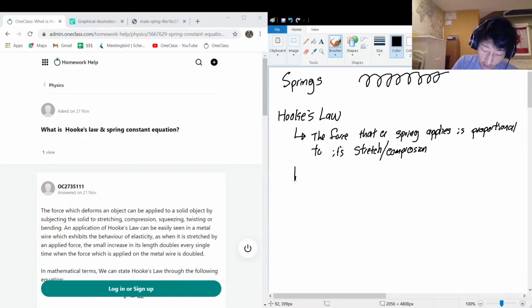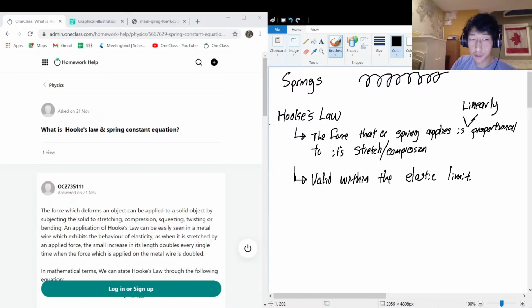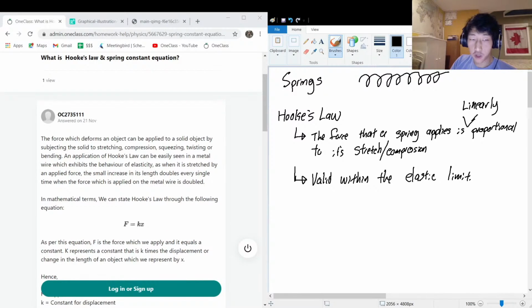So Hooke's law is valid in the elastic limit. And instead of just saying proportional, it's linearly proportional. Okay, so the equation is F equals kx.